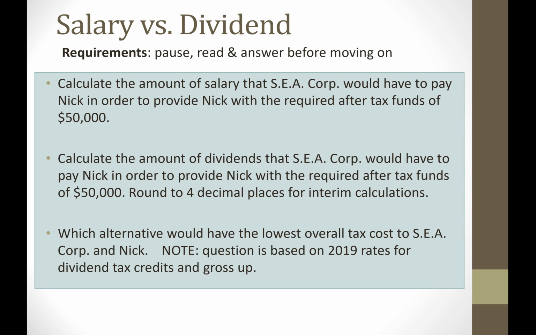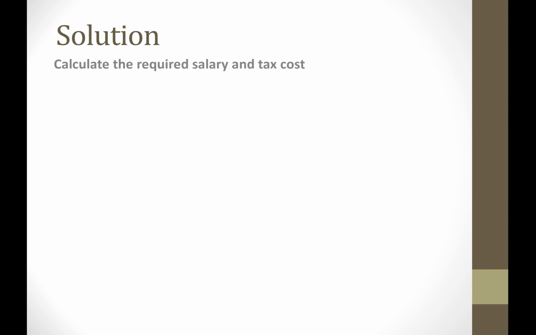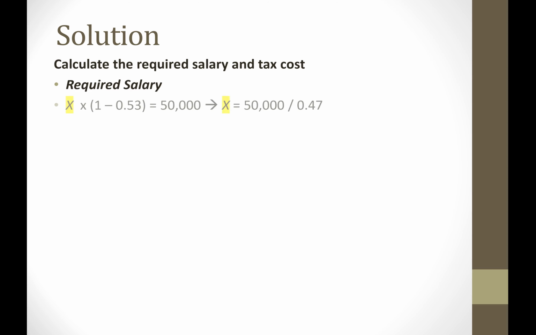Okay, let's move on to the next slide and look at the first part of the solution. The first part asks: what is the required salary and the tax cost if C Corporation was to pay Nick a salary? Now remember, Nick requires $50,000 of after-tax funds. So we're just going to set this up using simple mathematics.